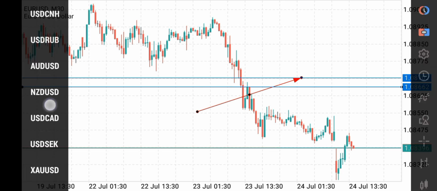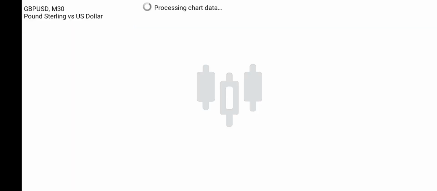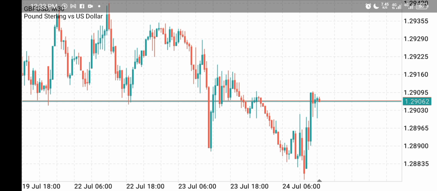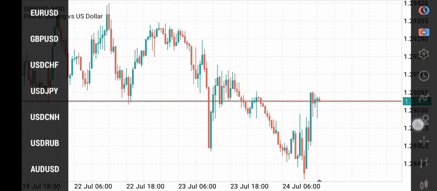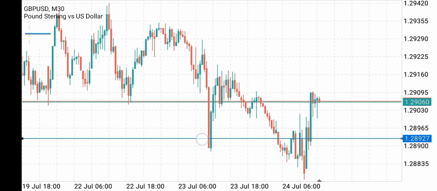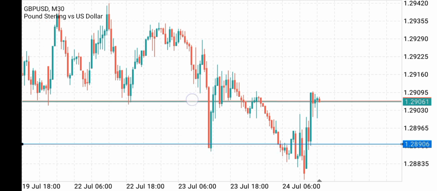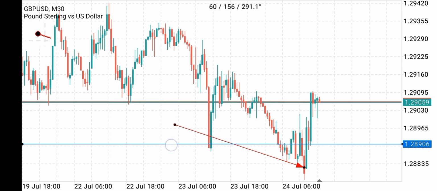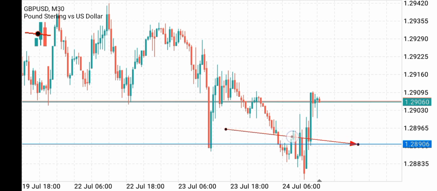So I'll just probably go to GBP USD to still explain how pips work. I've given another example right here. Let's say for instance GBP USD is currently at this price level right here where I drew this blue line. At this price level of 1.28906, let's assume that is the current price of GBP USD.